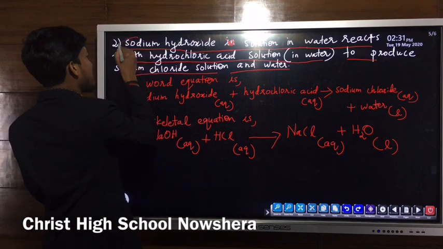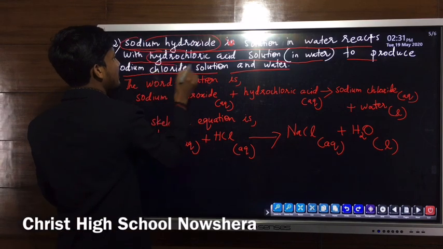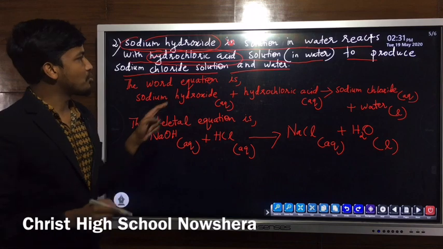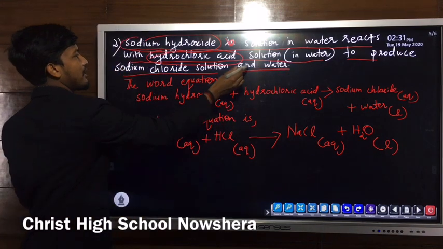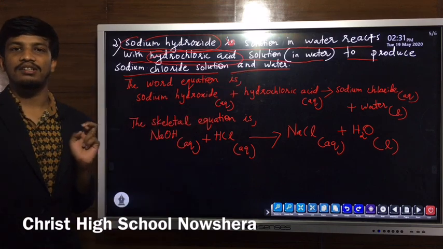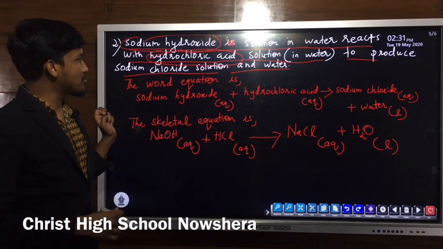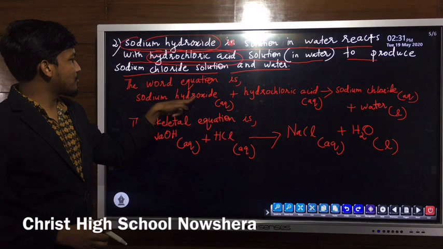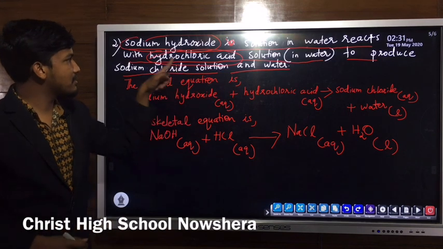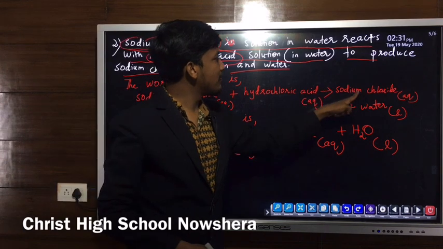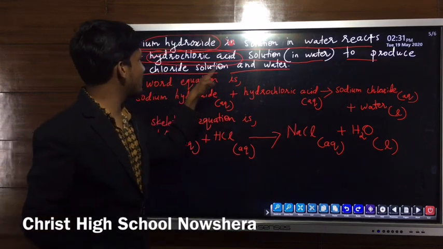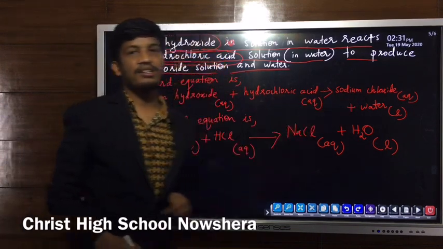So these are the reactants. Sodium hydroxide reacts with hydrochloric acid to give two products, sodium chloride and water. So can we write the word equation? Sodium hydroxide plus the second reactant, hydrochloric acid, to produce the products, sodium chloride plus water.